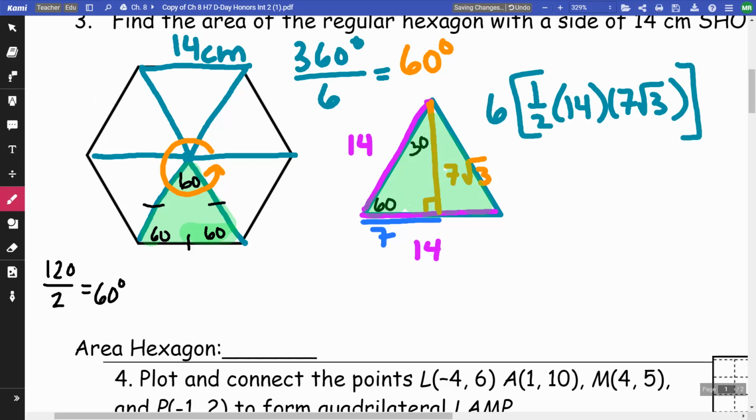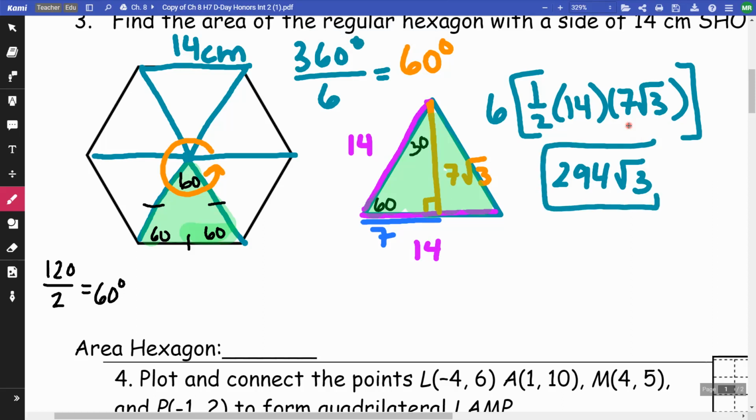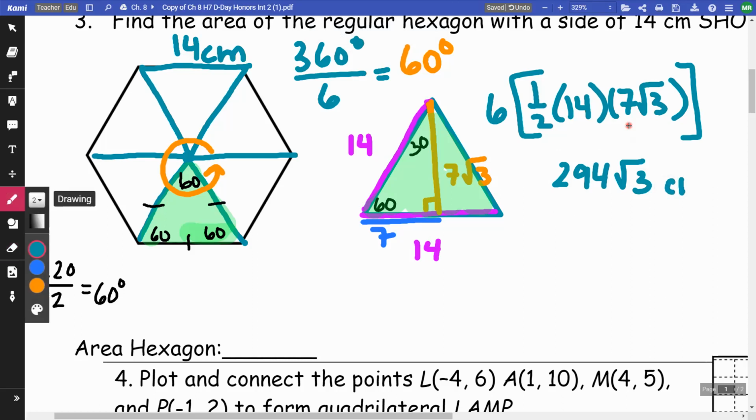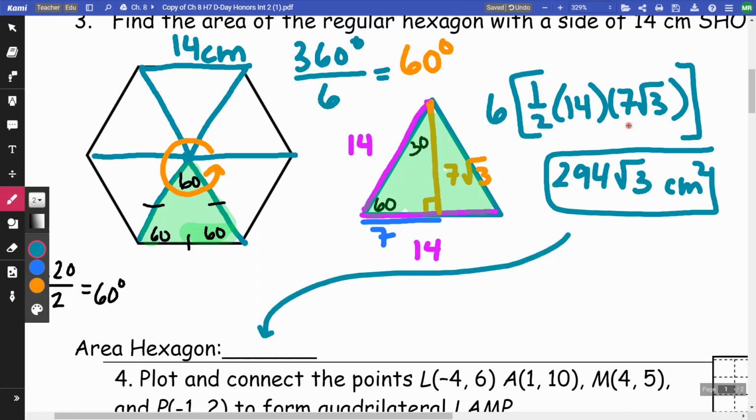Now, when I do that math, I am going to get half of 14, 7. 7 times 7 is 49. 49 times 6, I get 294 root 3. And that is my area. Put my units in here, centimeters squared, square centimeters. So that's the area.